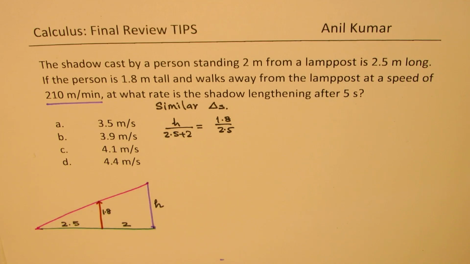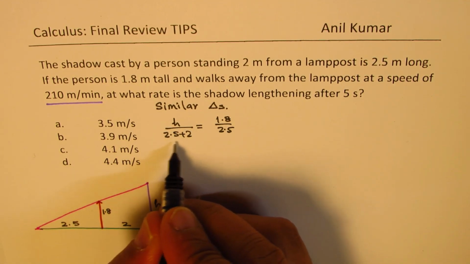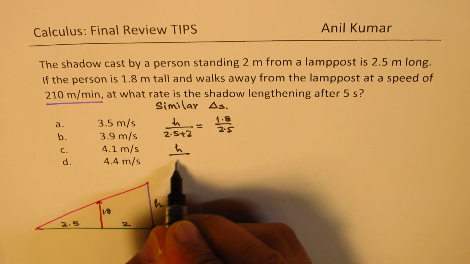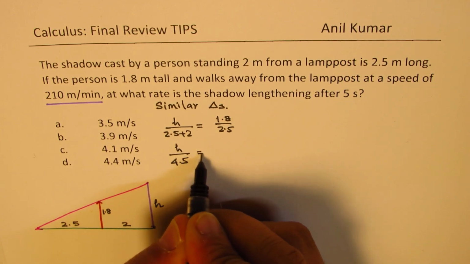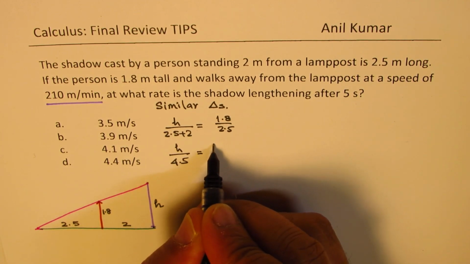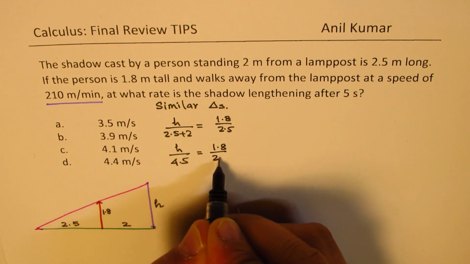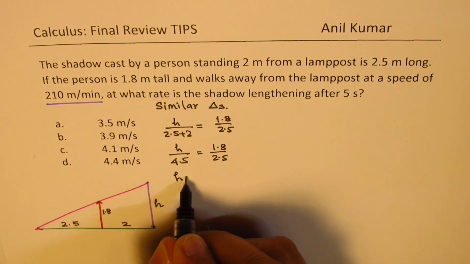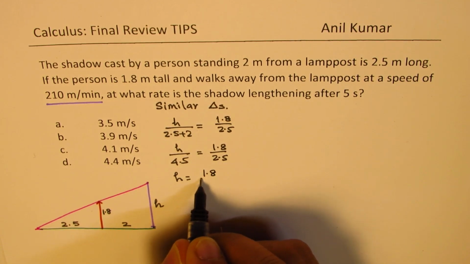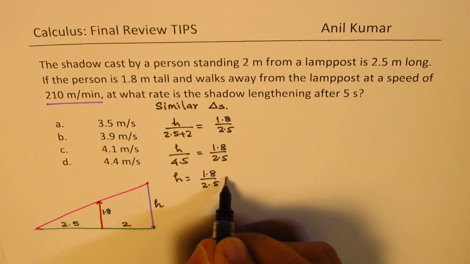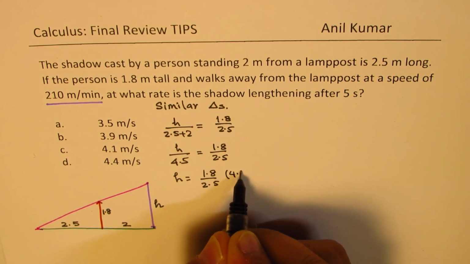So this ratio. So clearly this is 4.5, so h over 4.5 equals 1.8 over 2.5. You can write height as 1.8 over 2.5 times 4.5, right?